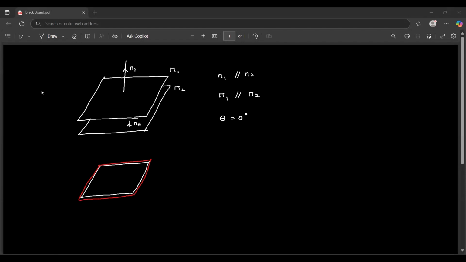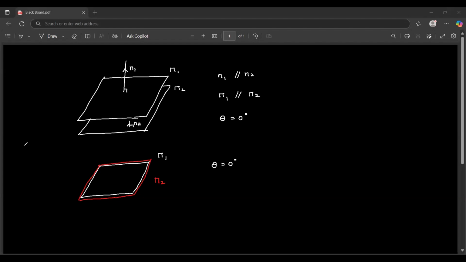If this is pi 1 and the red one is pi 2, here also the angle between these two planes will be equal to 0. Why? They are overlapping planes. Whatever the two planes are, if they are overlapping, the angle between them is equal to 0 degrees.